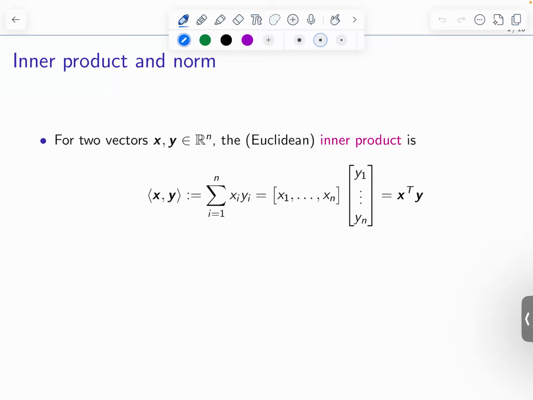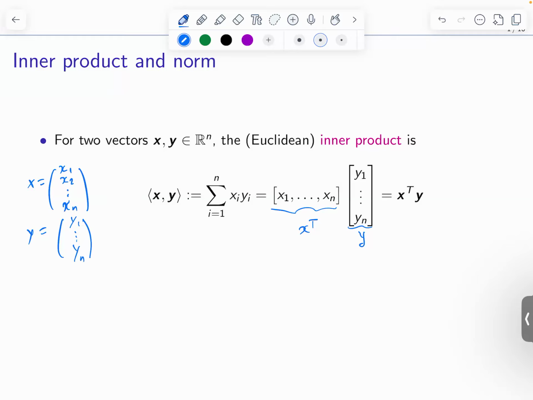So let's say I represent the vectors as column vectors, or an n by 1 matrix, and y is also like this. So the inner product is just multiply each coordinate and then sum, which is also equivalent to doing x transpose times y.